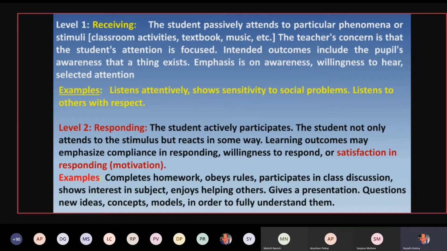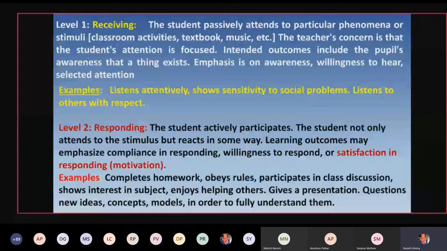Then moving on to level 2, which is responding, one level higher than receiving. When the student starts responding, it proves that he is receiving the knowledge being imparted.